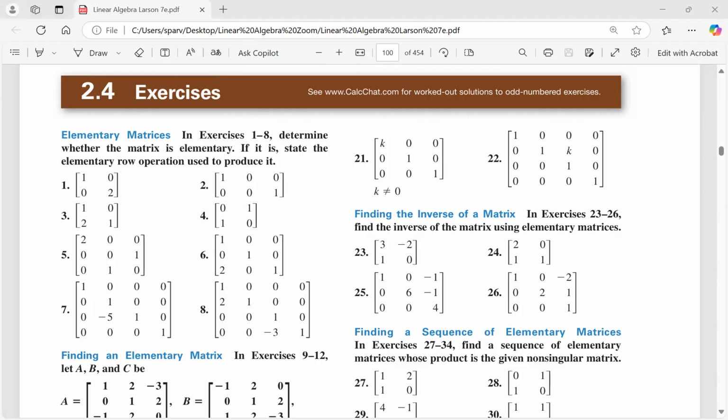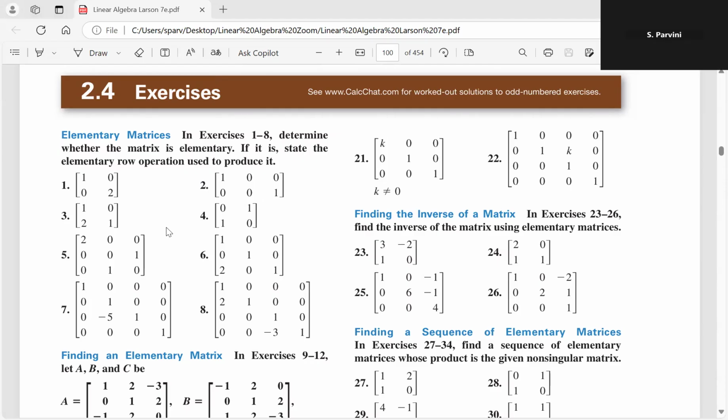So, is number 2 an identity matrix? What do you think? What do we know about identity matrices, by the way? Like I2, I3, I4.